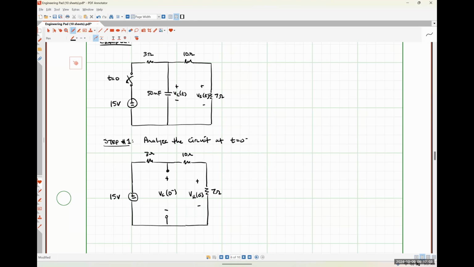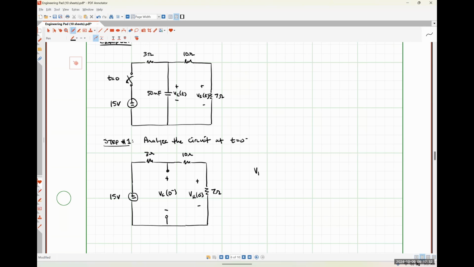So how could we find either of those things? What was that, Ashton? KVL. That can definitely be part of it. I feel like there's an easier way. Voltage division. Yep. So that's how I would do it, voltage division, because I'm trying to do things efficiently.